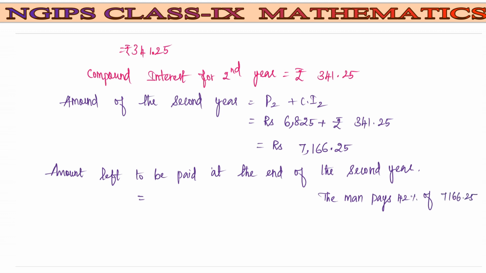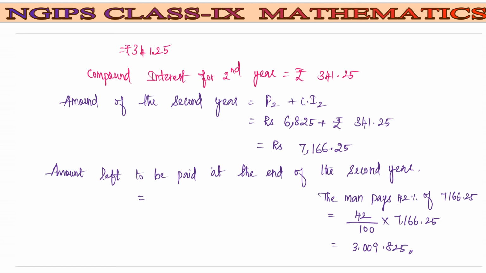So what we will get here: 42 divided by 100 into 7,166.25. If you multiply both, what we will get here is 3,009.825. So this is the amount he is going to repay.